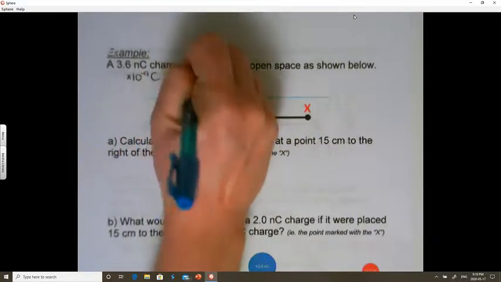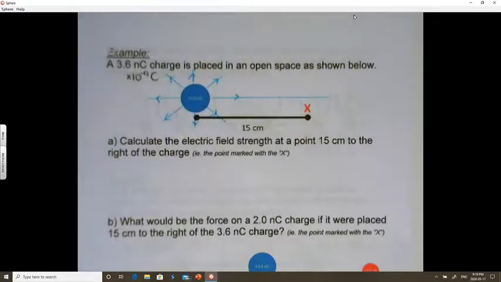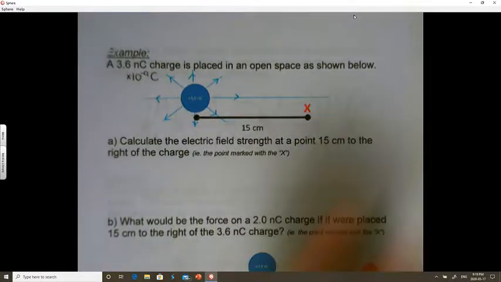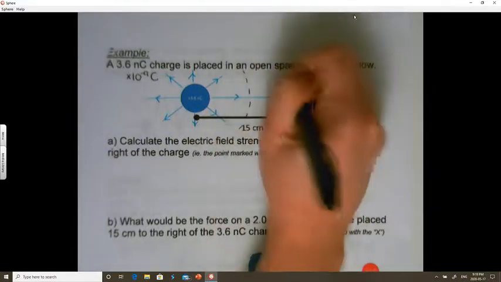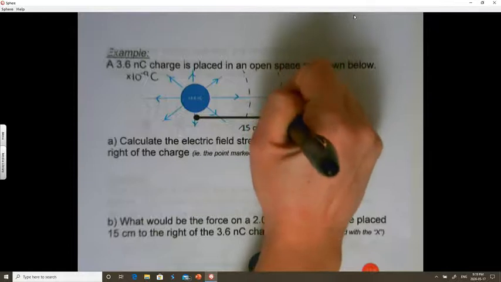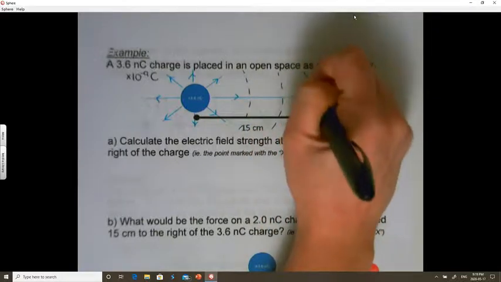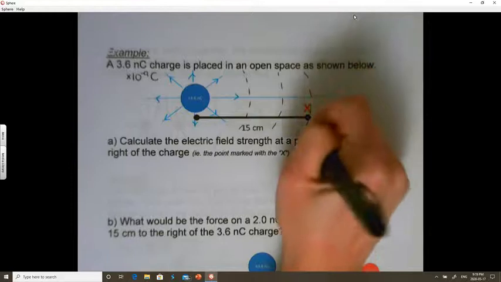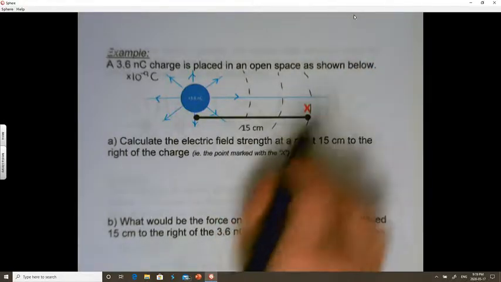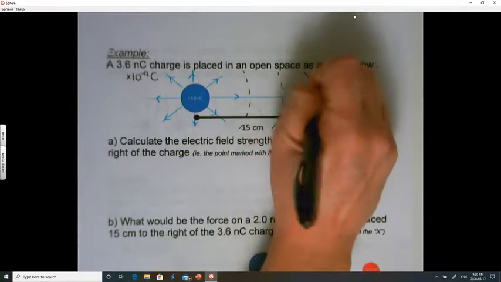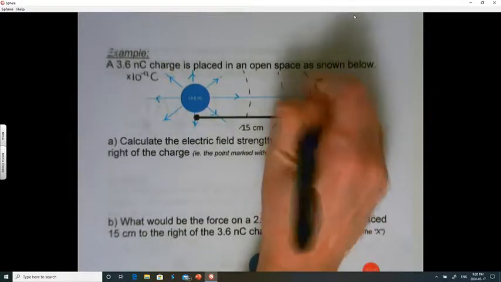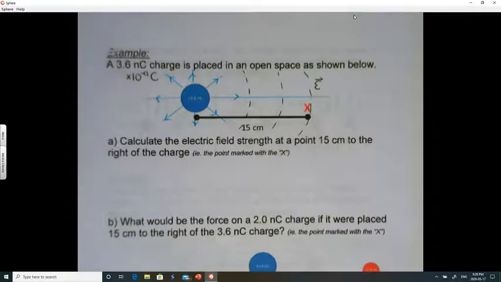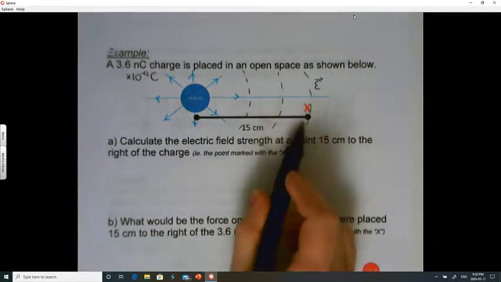Now these arrows are also telling me the direction that my electric field strength is going to take on. So the electric field strength is just these sort of dashed lines that we had in that previous picture. Now we're not really concerned about them out there. We're concerned about what's going on where this X is. So we're trying to calculate epsilon right at this X, right along this point that we're at.